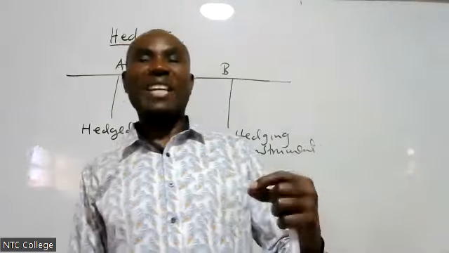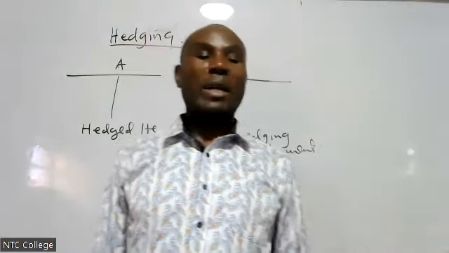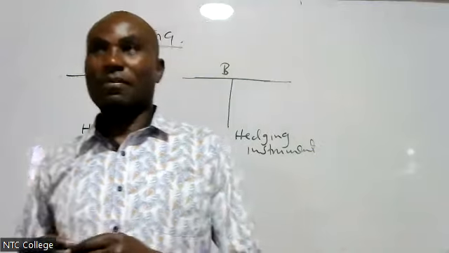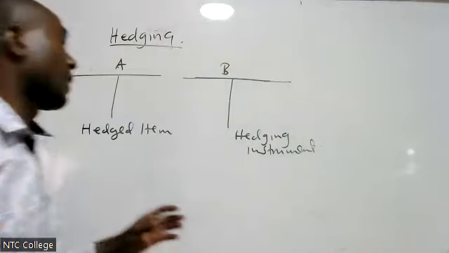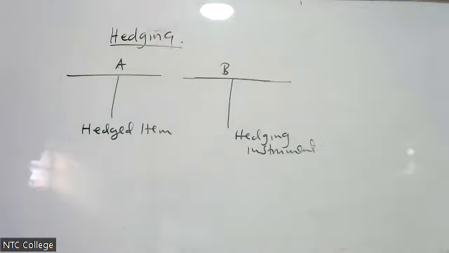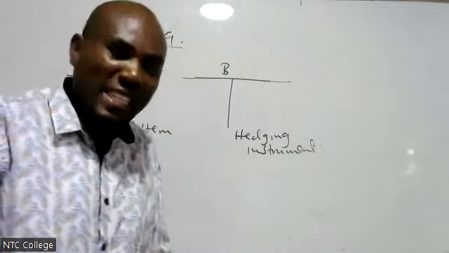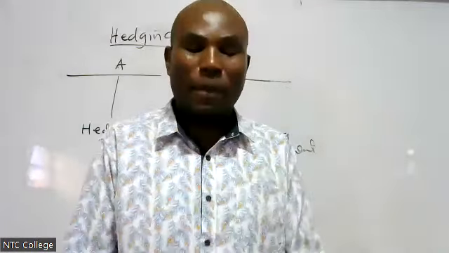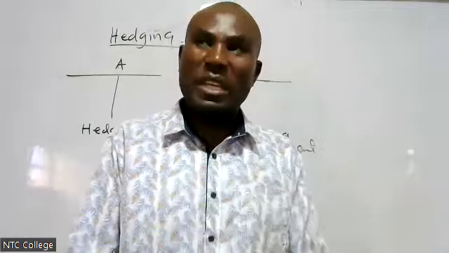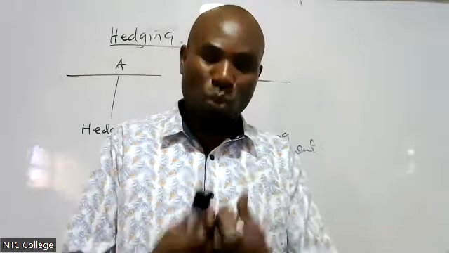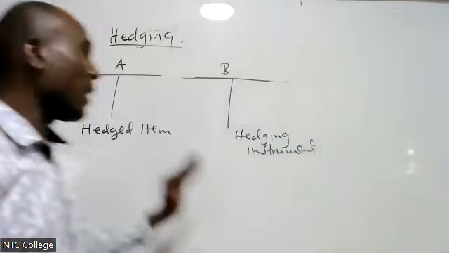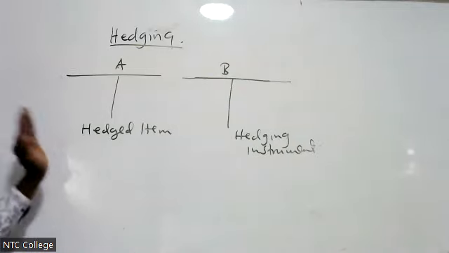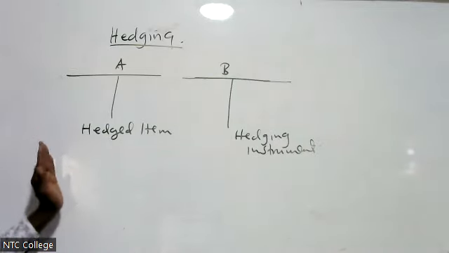When I talk of a hedged item, this is anything that is exposing the entity to risk. It can be an asset, a liability, or any firm commitment that is exposing the entity to risk. Like, for example, investment A. This is my original investment. It's exposing me to risk.